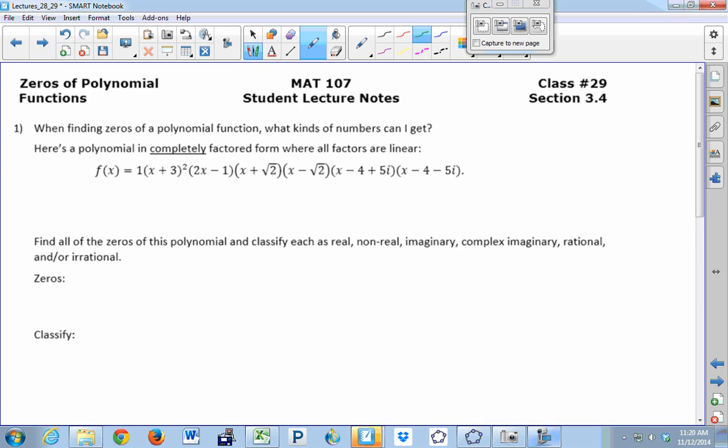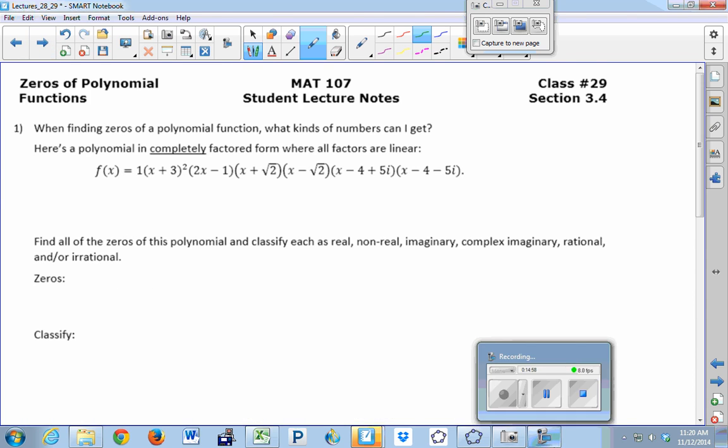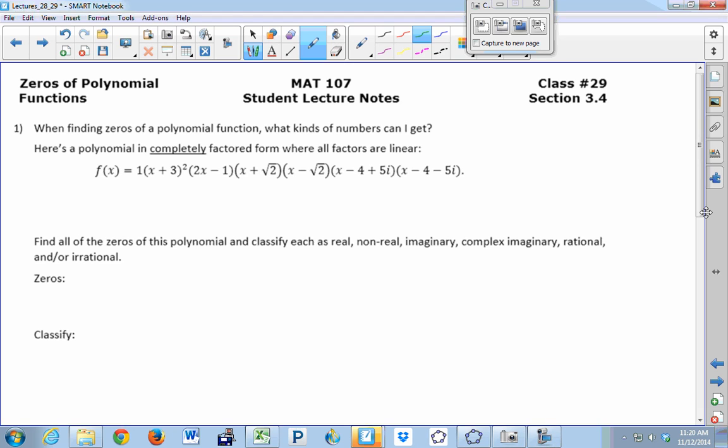So today we're going to expand our horizon. Our horizon has only been looking at real zeros. Today we're going to expand our horizon to look at zeros that are non-real. They have a real part and an imaginary part. So remember, our complex number system involves real and non-real numbers.